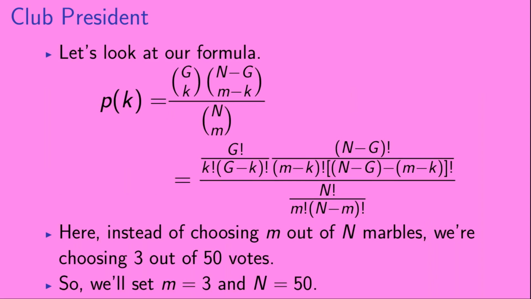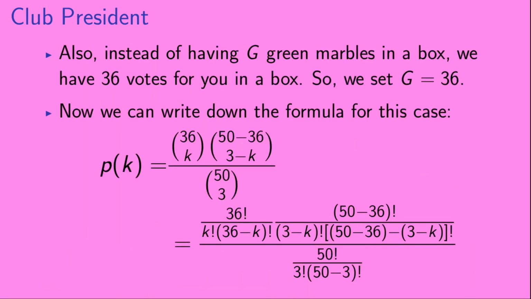Okay, so let's again look at our formula for P of k. Here, instead of choosing m out of n marbles, we're choosing 3 out of 50 votes. So we'll set m equals 3 and n equals 50. Also, instead of having g green marbles in a box, we have 36 votes for you in a box.